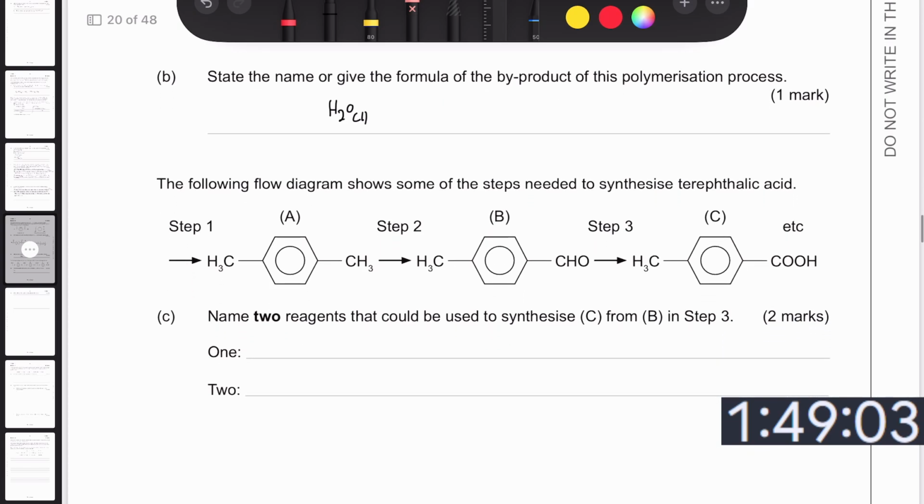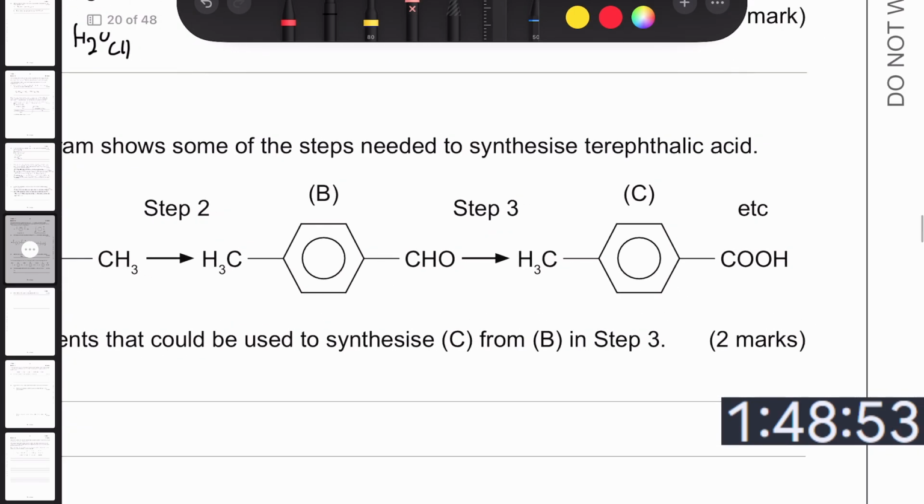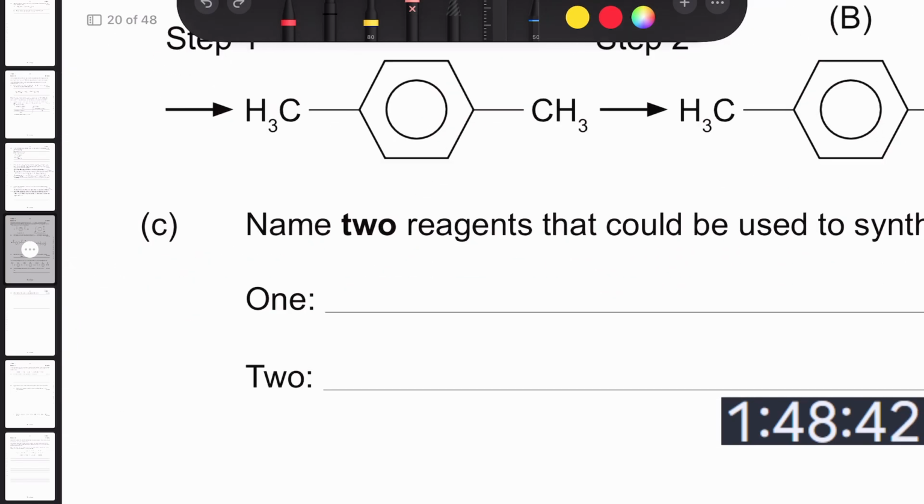Following shows some of the steps needed to synthesize. Name 2 reagents that we use to synthesize C from B in step 3. Oh, okay, so this is the oxidation because we're changing this aldehyde to carboxylic acid.